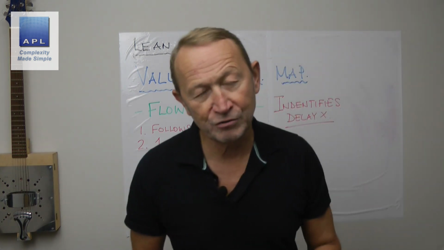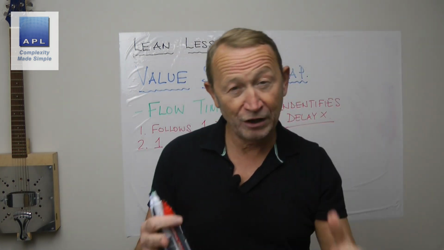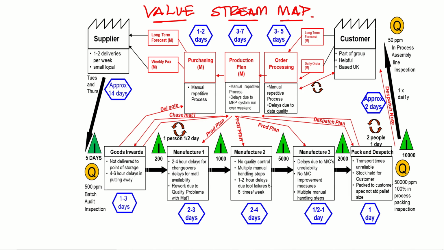So the map that you can see here, what we're looking at is we start in the top right hand corner. The customer, a specific customer, is in that top right hand corner. They ask for a particular item. So it's a single item they are asking for, a single order.